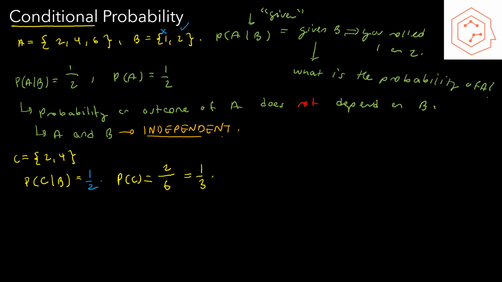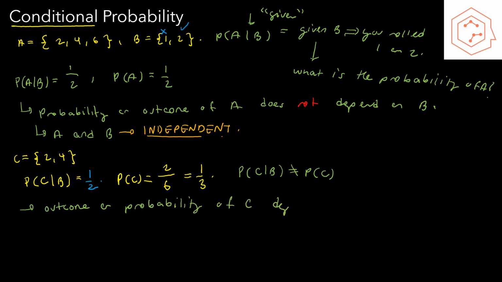So in this case, the probability of C given B is not equal to the probability of C, which means that C depends on B. The outcome, or probability, of C depends on B, which means C and B are dependent.